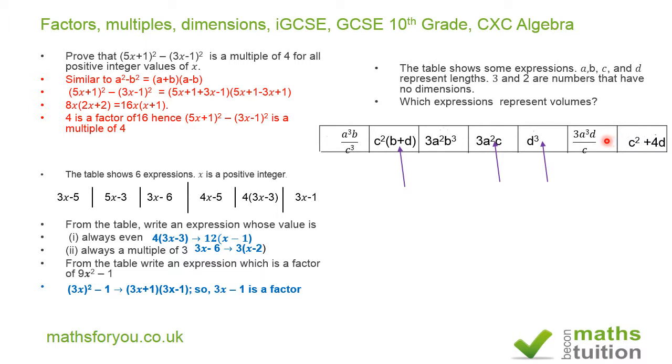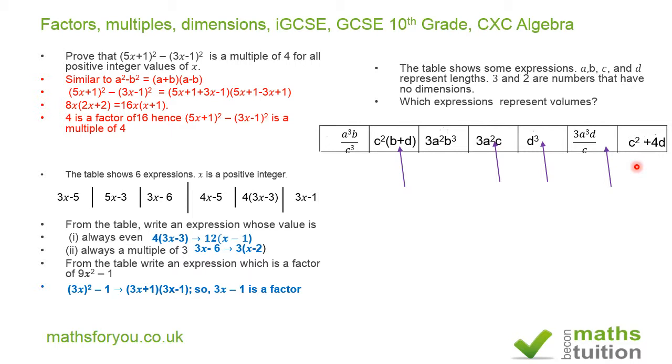The index for the numerator will be 3 plus 1, which is 4. And because we're dividing, the index for the denominator is 1, so we have to subtract. 4 minus 1 will give us 3. So this expression represents volume.